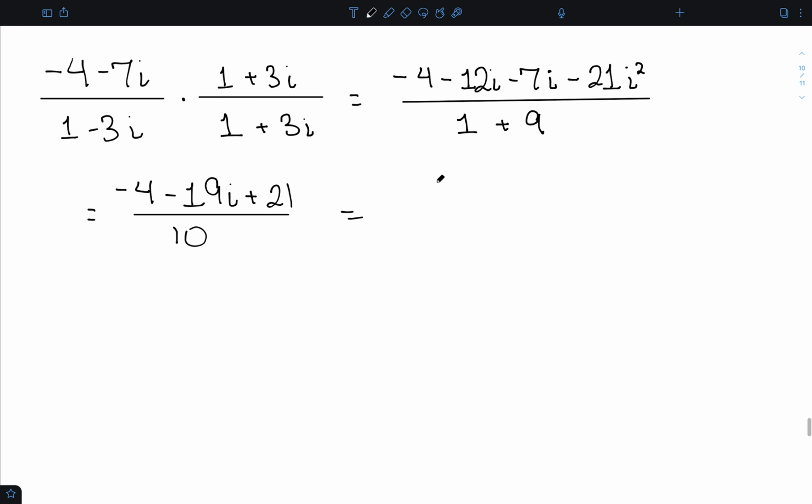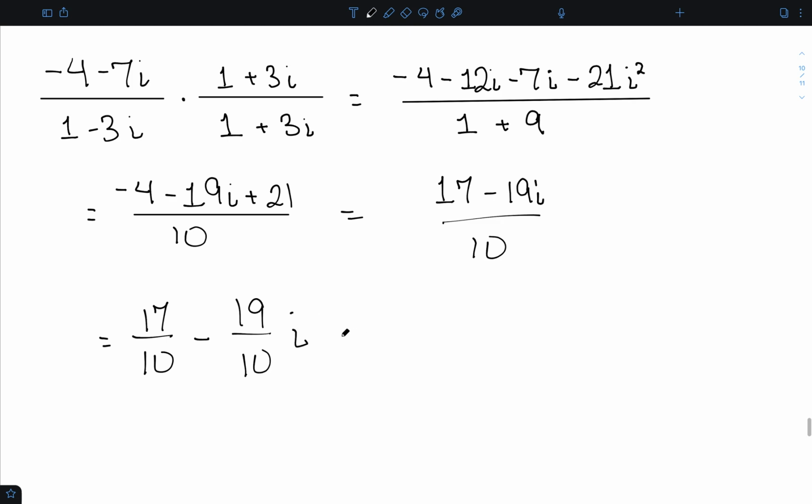Simplifying, negative 4 plus 21 is 17, minus 19i, over 10. In other words, this is 17 over 10 minus 19 over 10 i. Equivalently, 1.7 minus 1.9i.